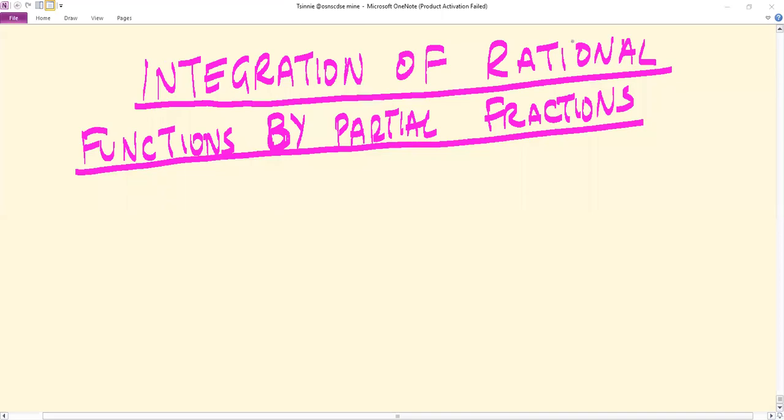Welcome to this session. This session introduced the concept of integration of rational functions by partial fractions.